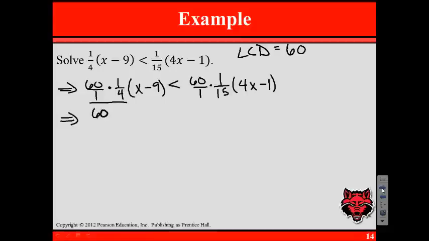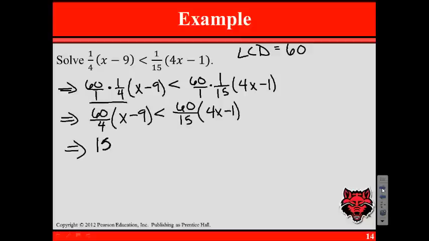That would give us 60 over 4 times x minus 9 is less than 60 over 15 times 4x minus 1. 60 divided by 4 is 15, so this becomes 15 times x minus 9 is less than 60 divided by 15 is 4. So 4 times 4x minus 1.